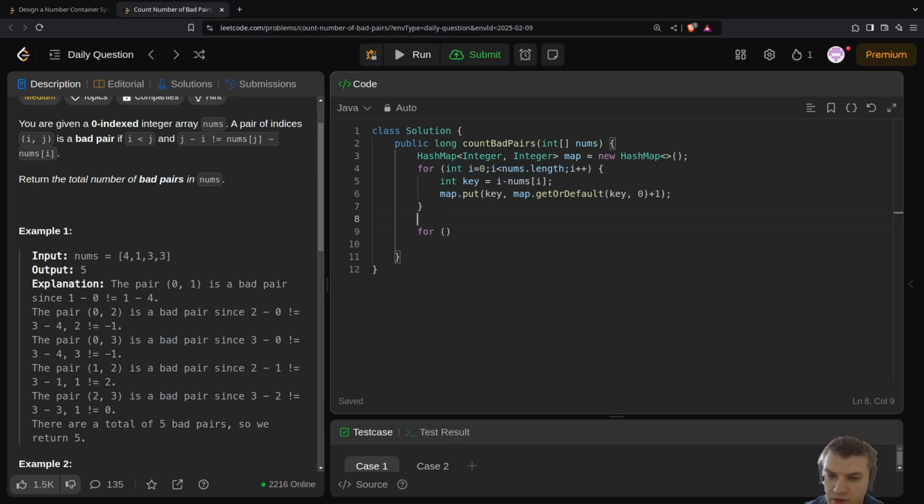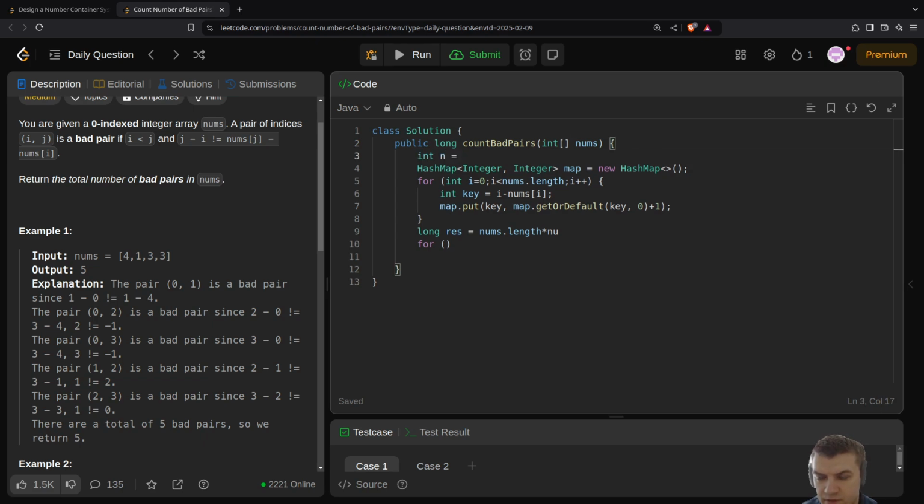So the result is gonna be long res, and I'm gonna have n equals nums.length, and then here long n multiplied by n minus 1, and then divide over 2.